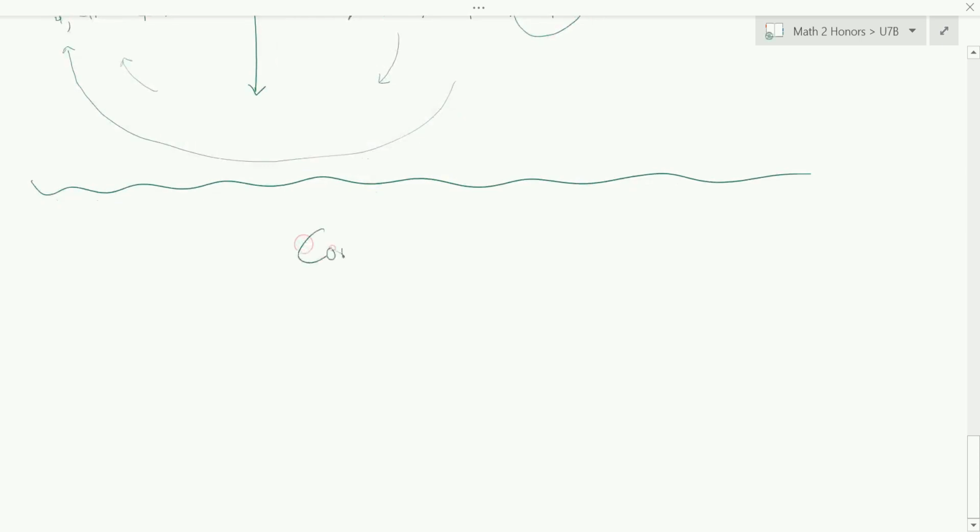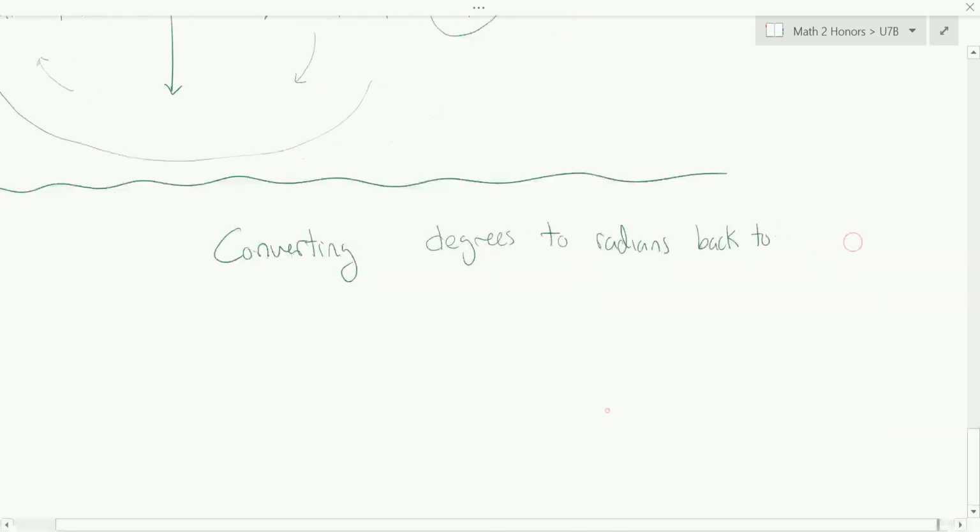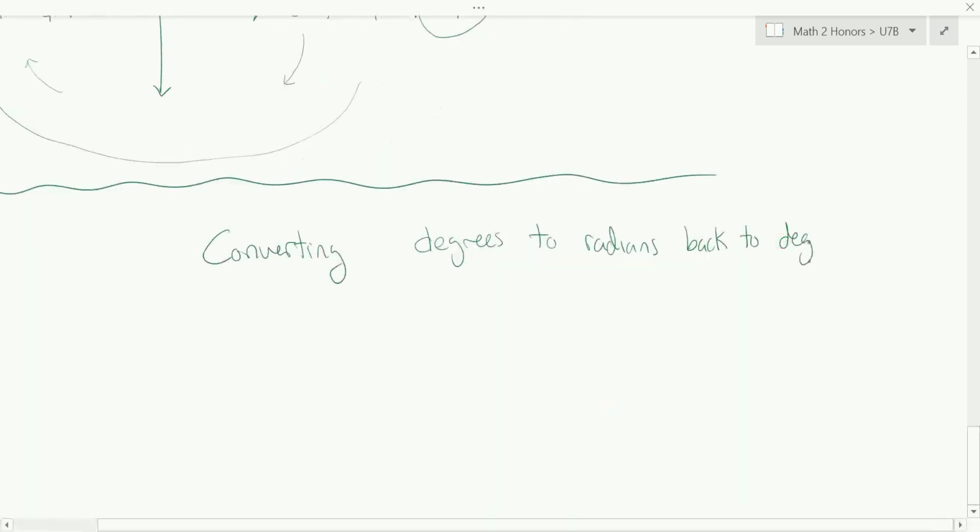So converting degrees, radians, back to degrees. And it really all comes down to this. 180 degrees equals pi radians.